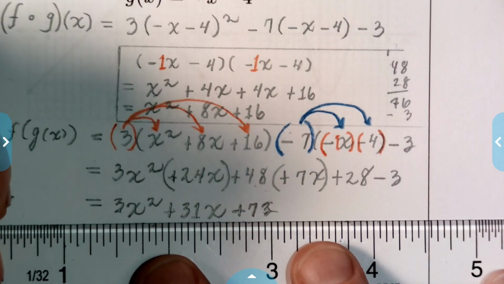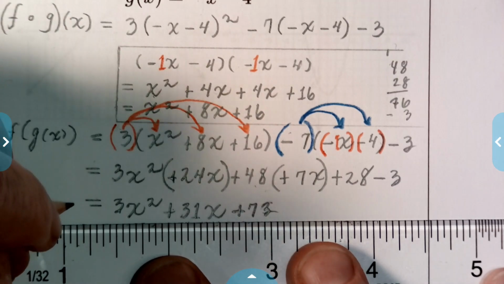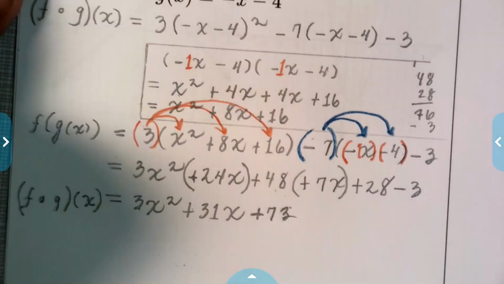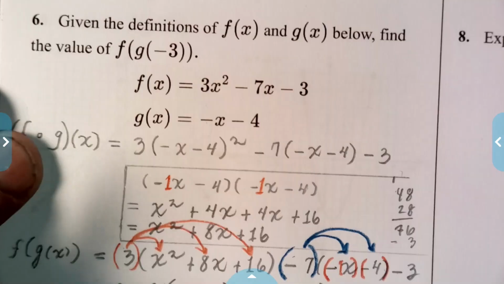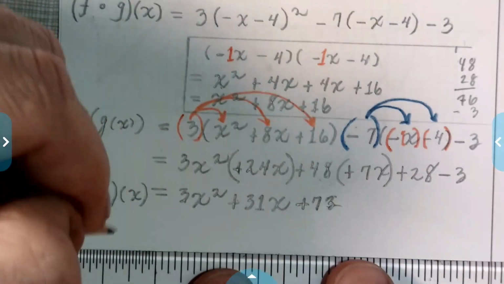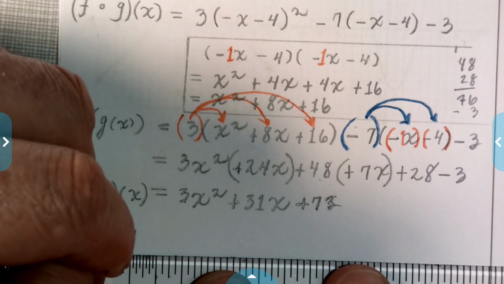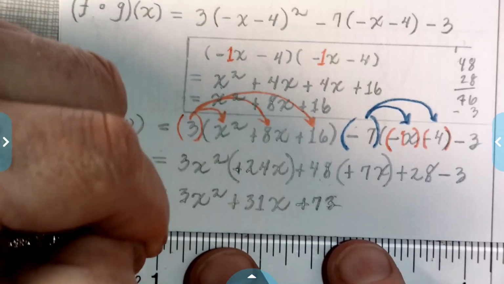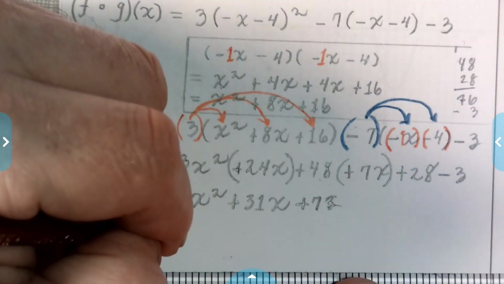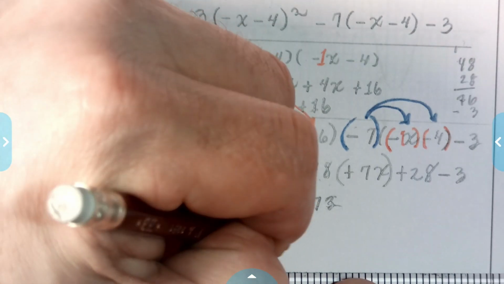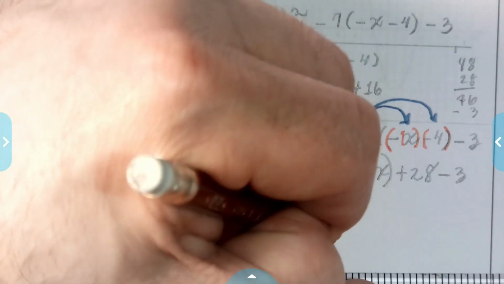So we'll write f of g of x, and there's your composed function. And now we can evaluate that. They want us to evaluate it at -3, so we can say, okay, now f of g of -3 equals 3, and then leave your space, squared plus 31 plus 73.